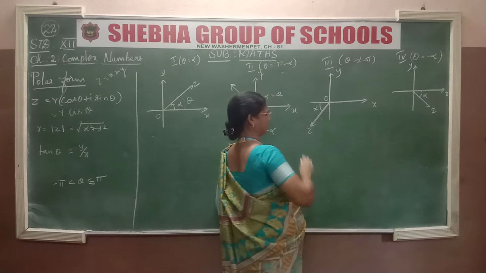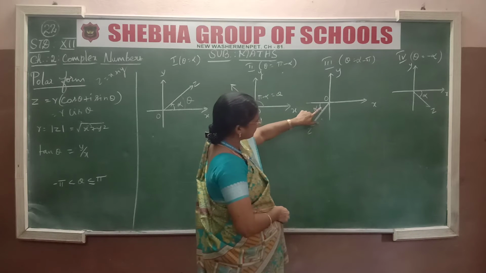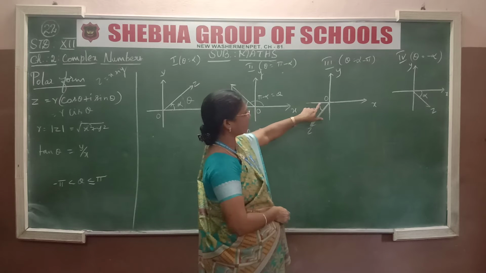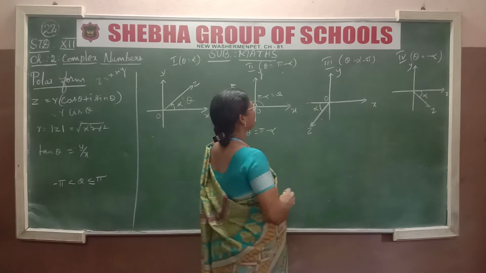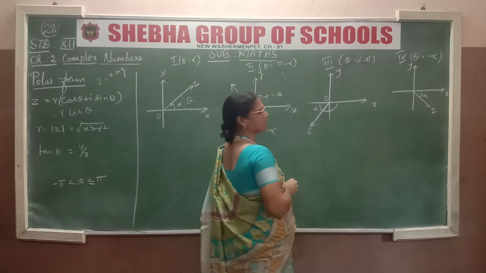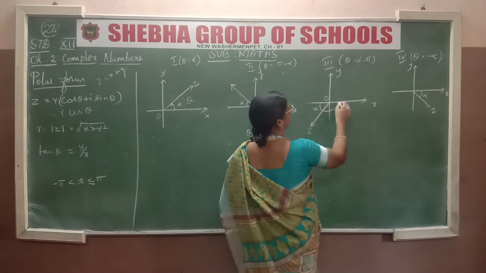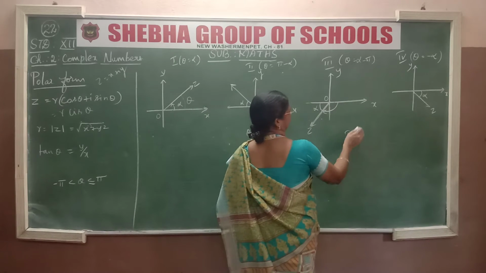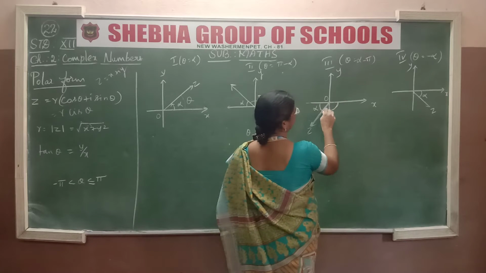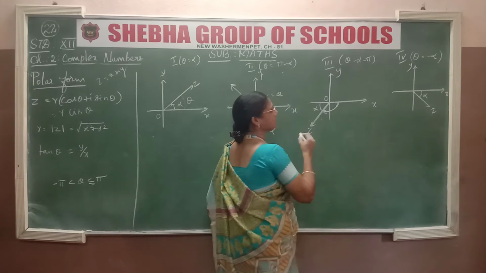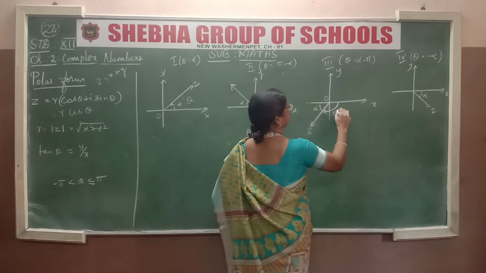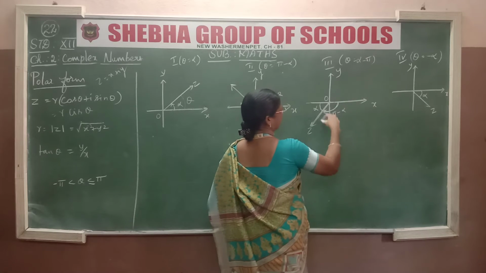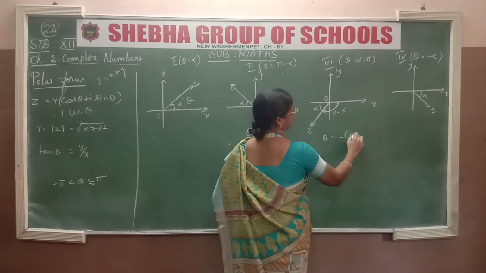This is the third quadrant. In the third quadrant also it is given, make with the negative of the x axis. This is alpha, but we want the positive direction, and also this is clockwise direction, isn't it? Clockwise direction means we use minus. Actually this is pi minus alpha, we use minus of pi minus alpha.